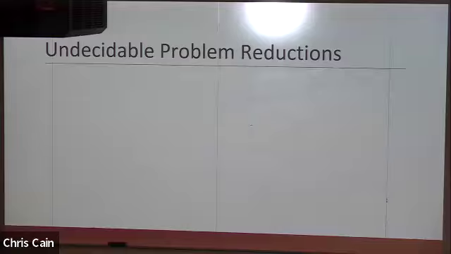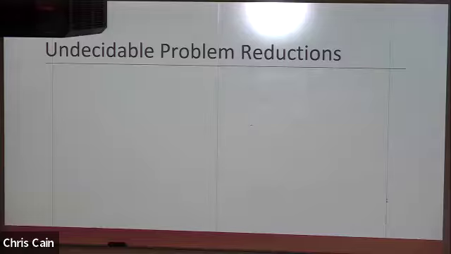You try to convert this problem into the halting problem in some capacity, where decisions in this problem are mapped onto decisions in the halting problem. And if we can do that, then since the halting problem is undecidable, if this were decidable, then the halting problem would be decidable.